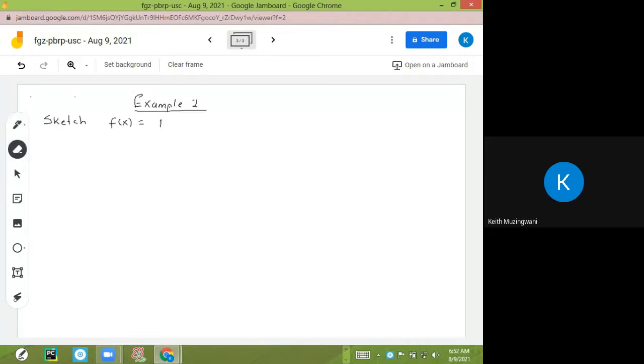Let's put negative. In fact, the 1 is okay. I'll change it to 2, and then I'll put the negative. I want a negative sign. f of x is equal to 2 minus 3 sine x plus pi over 4.